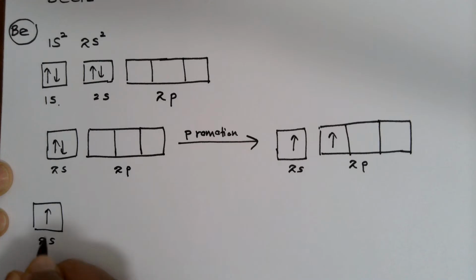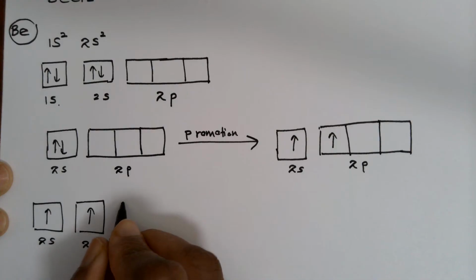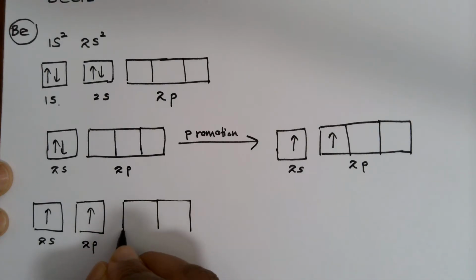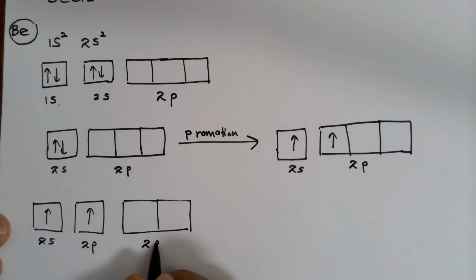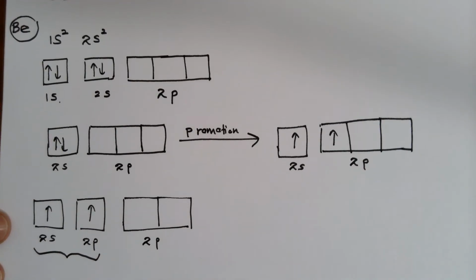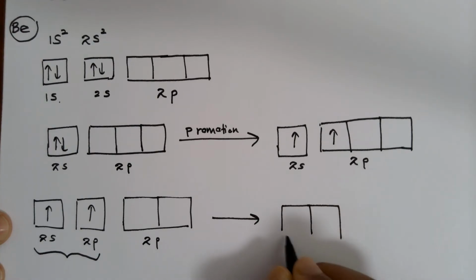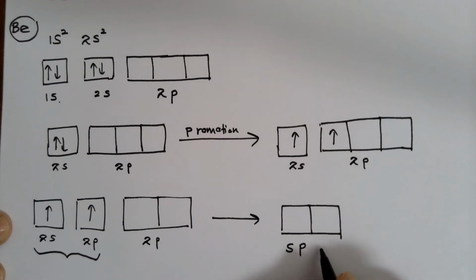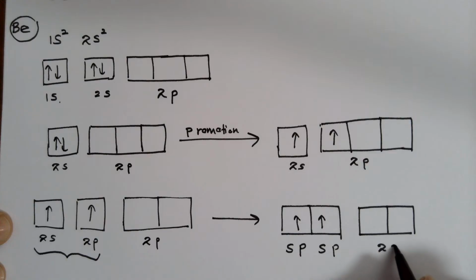This is 2s, one electron in 2p, we mix together, and the remaining 2p orbitals are here without electrons. If we mix these s and p orbitals together, we can make two sp hybridized orbitals equal in size and shape, each hybridized orbital having one electron, and the remaining 2p atomic orbitals are available like this.